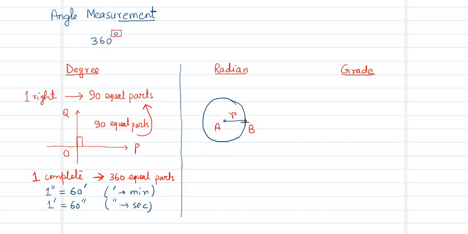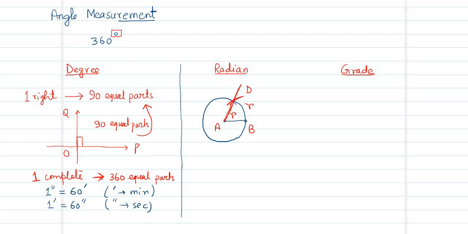From the point B, draw an arc of length r and call the end point D. Now join A and D.